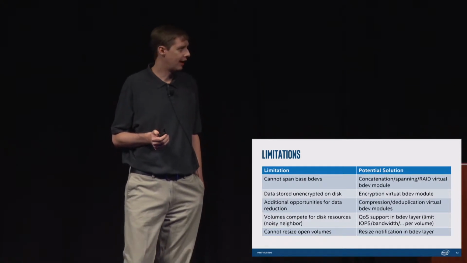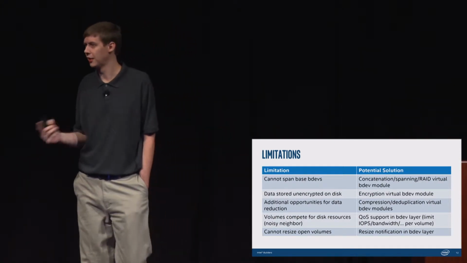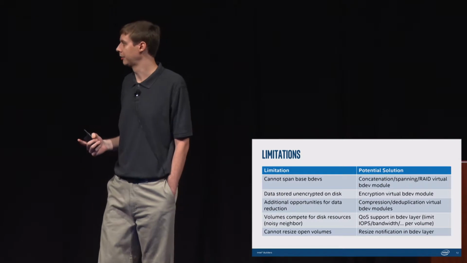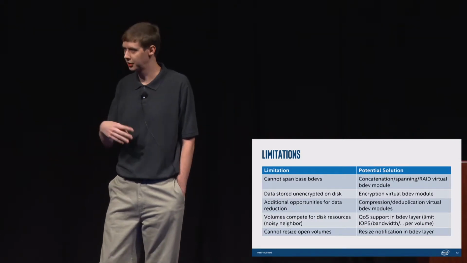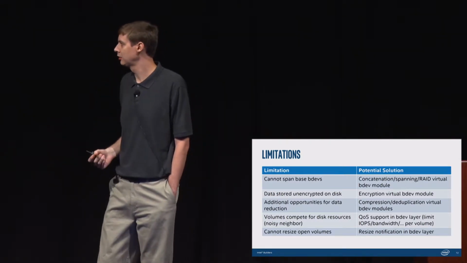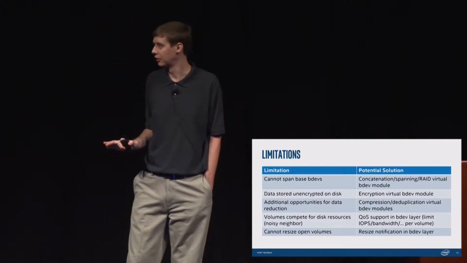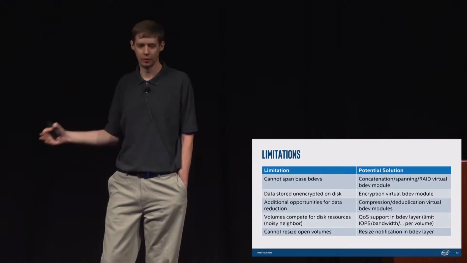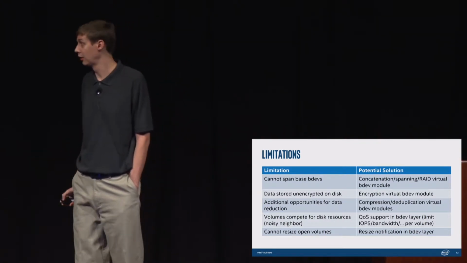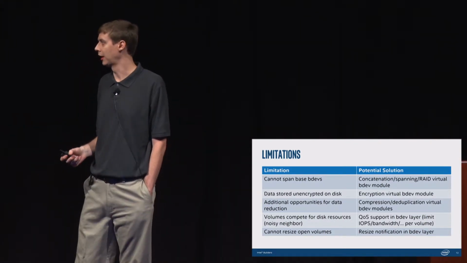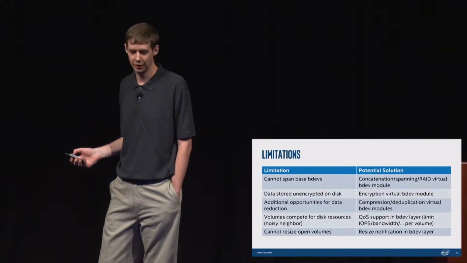So we have plans to add notifications, just a hook, so that the next layer up can send a notification to vhost SCSI or whichever protocol is talking at the top to let it know that it resized. So right now, that's actually prevented in code just to make sure that your guest VM or other user of that volume doesn't get confused. But that's definitely a potential place for improvements.